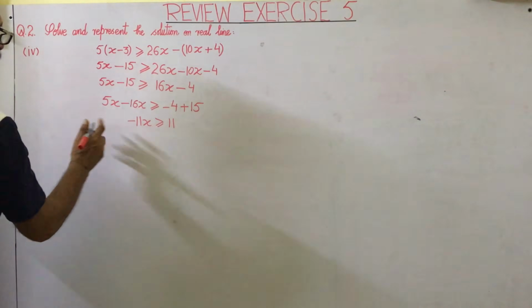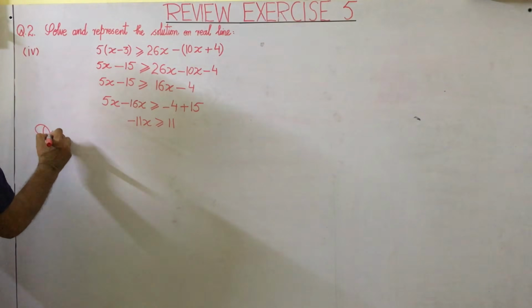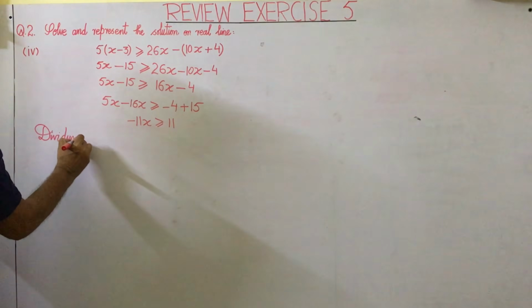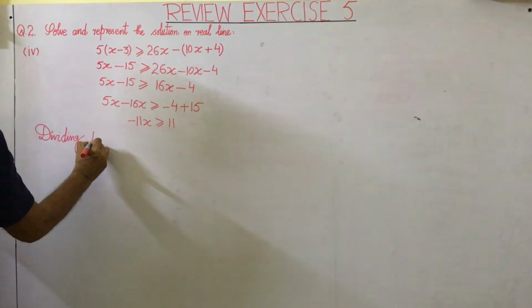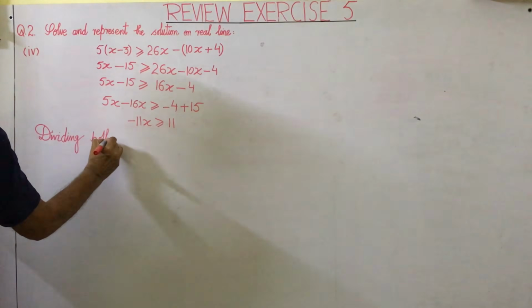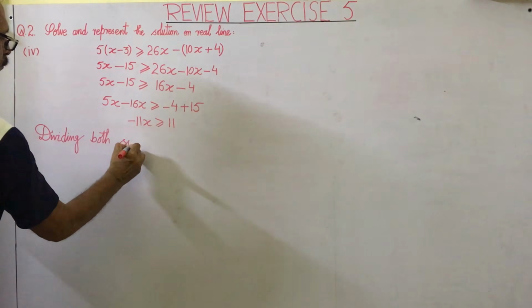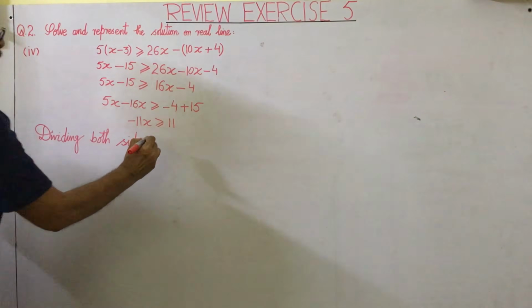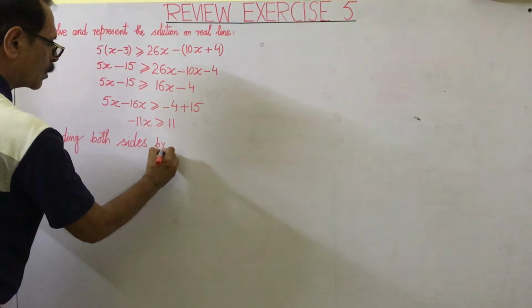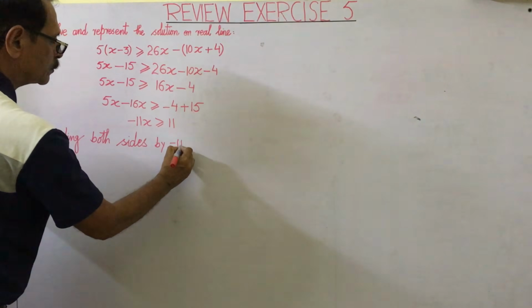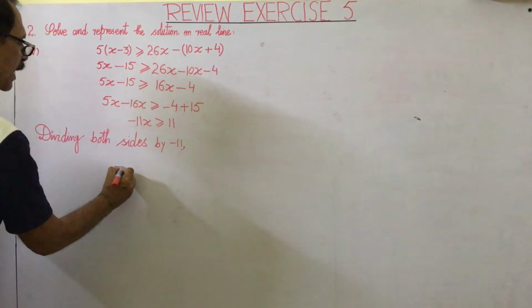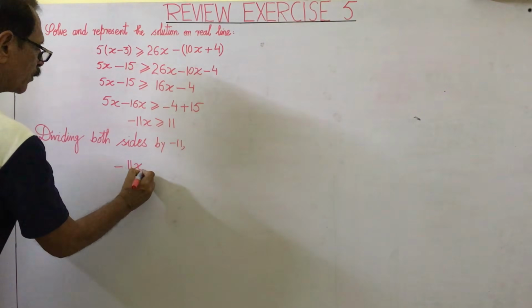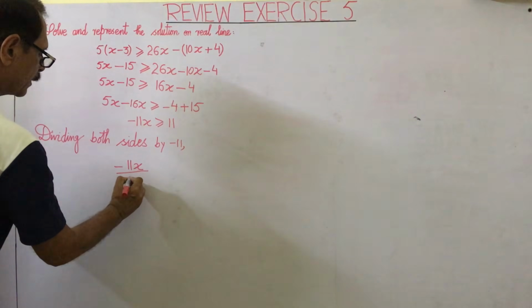Dividing both sides by minus 11: minus 11x over minus 11.